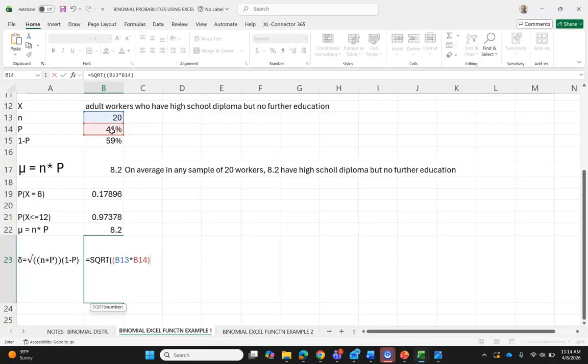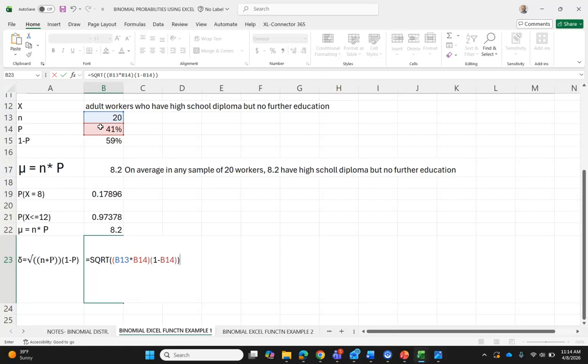Then we're going to make this times 1 minus the probability of success, and close the bracket. And I believe I need to close another bracket, and now you can enter.